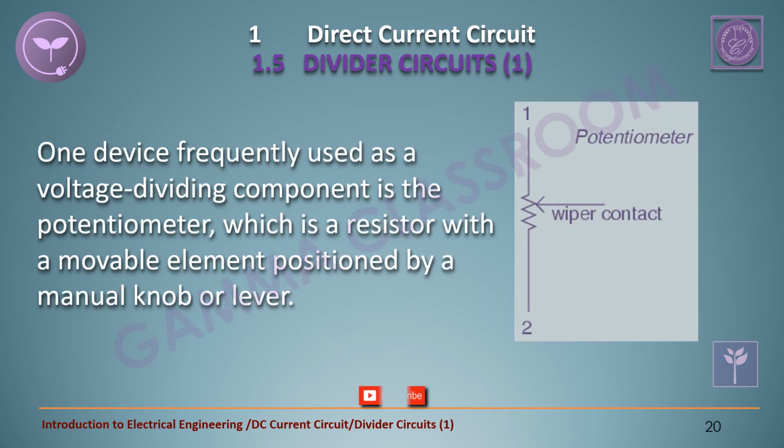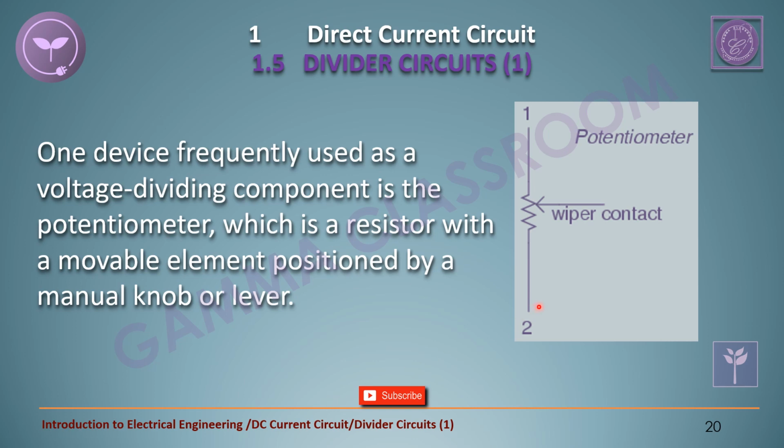One device frequently used as a voltage dividing component is the potentiometer, which is a resistor with a movable element positioned by a manual knob or lever.